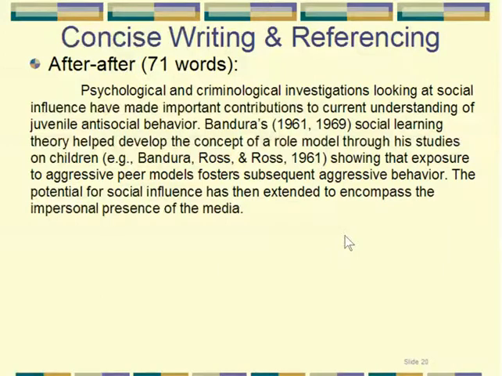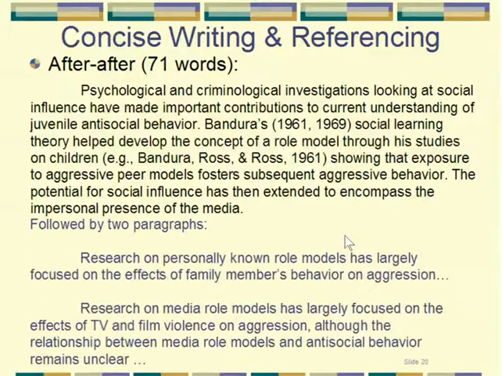The potential for social influence has then extended to encompass the impersonal presence of the media. Then this paragraph is followed by two paragraphs: research on personally known role models and research on media role models. So we have now simplified the text, shortened it, divided it into 3 paragraphs, and it's much more readable.